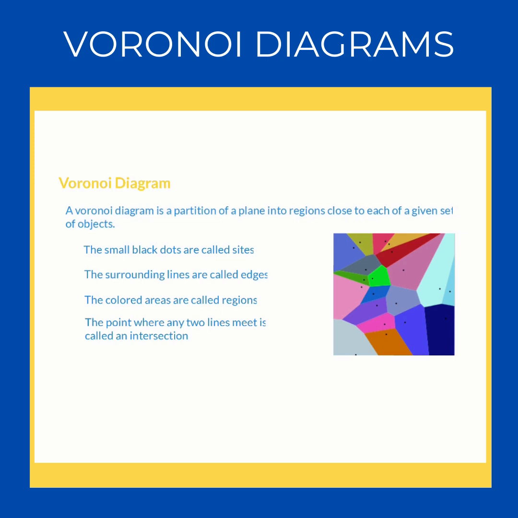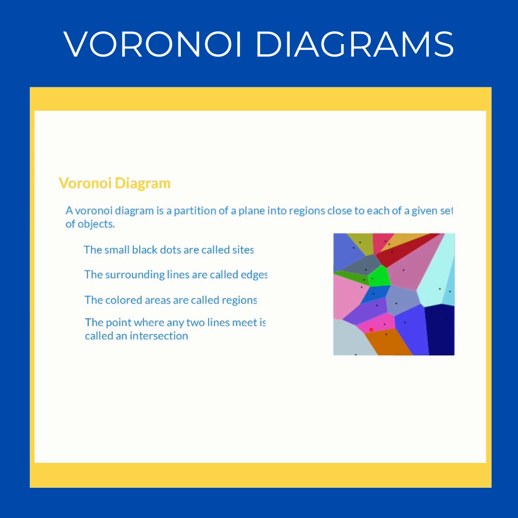Now, the point where any two lines meet is called an intersection. If we take a look at this line and this line over here, the point where these two lines meet is called an intersection.